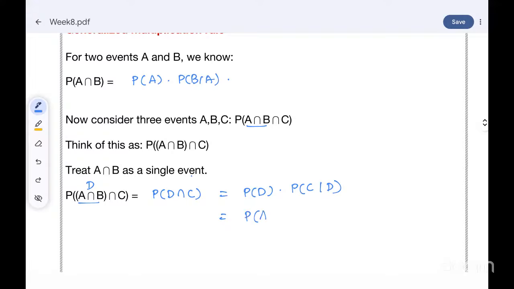D is nothing but A intersection B. And this is P of C given A intersection B. Now again, according to the multiplication rule, what is P of A intersection B? P of A into P of B given A.